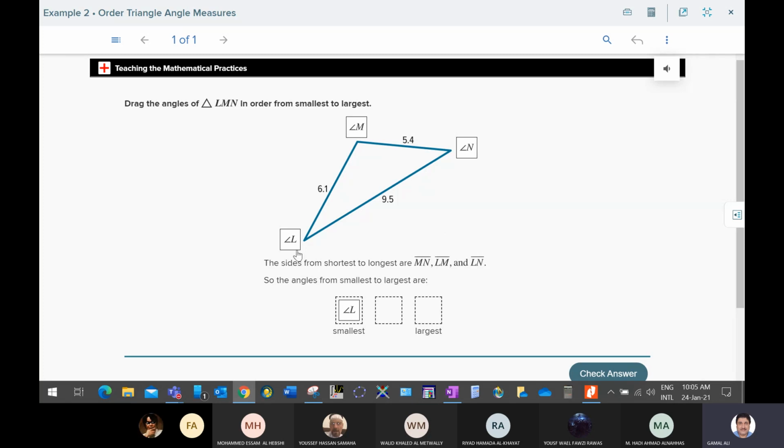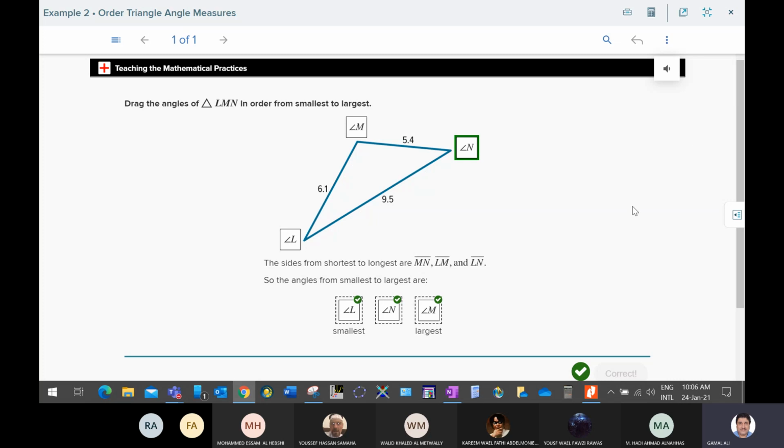ML. What is the opposite angle for it? N. So I can put it here. What is the third side? NL. What is the opposite angle? M. So the smallest angle is L and the largest angle is M, according to the same order of the sides.